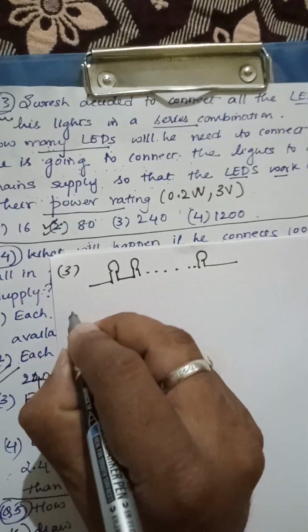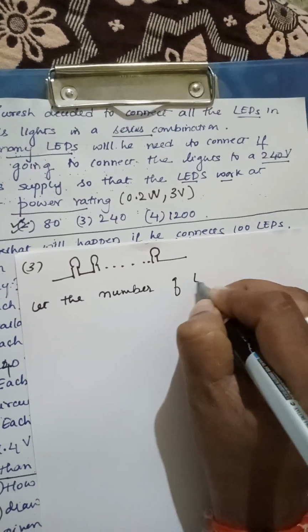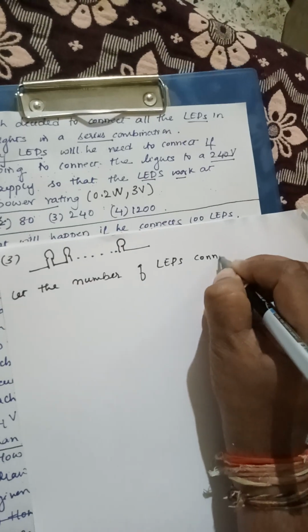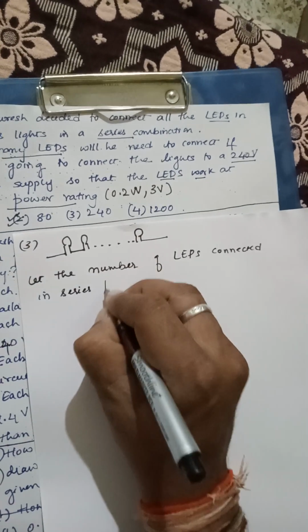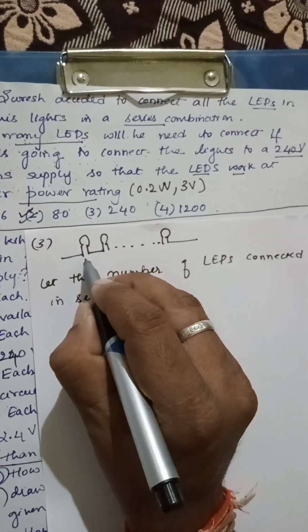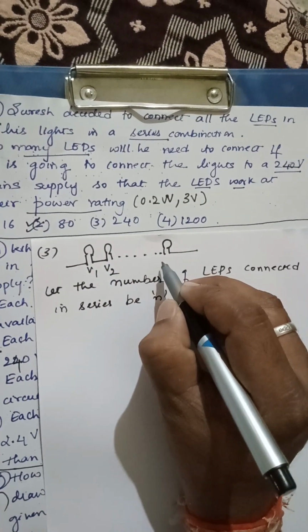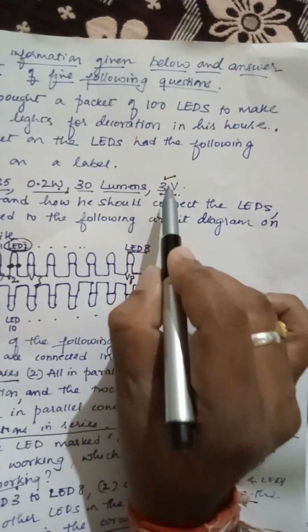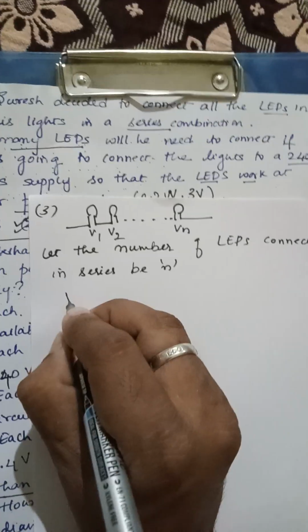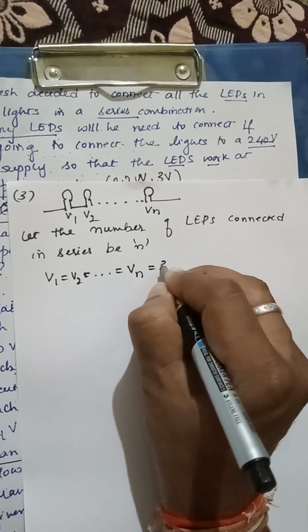Let us assume Suresh has connected n number of LEDs in series. Let's assume the potential difference across the first LED is V1, across the second LED is V2, and across the nth LED is Vn. As per the question, all the LEDs are supposed to be operated at 3 volts. From this we understand that V1 equals V2, and so on up to Vn, equals 3 volts. V is equal to 3 volts.